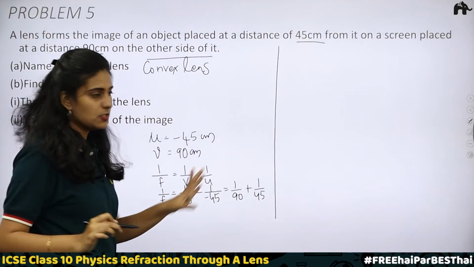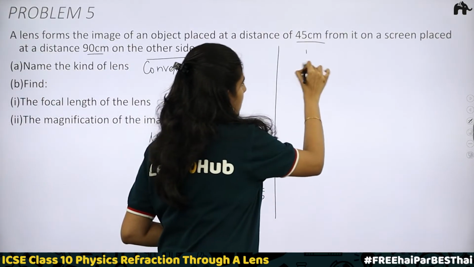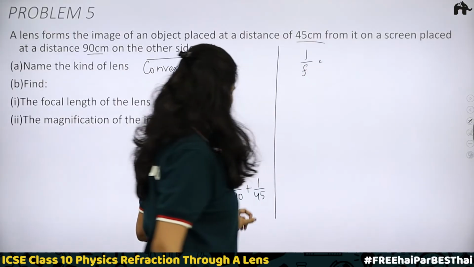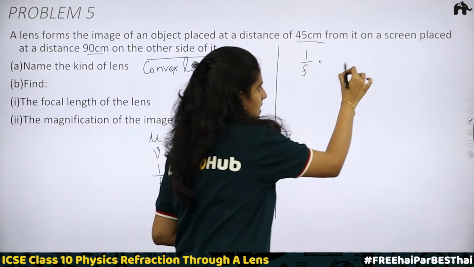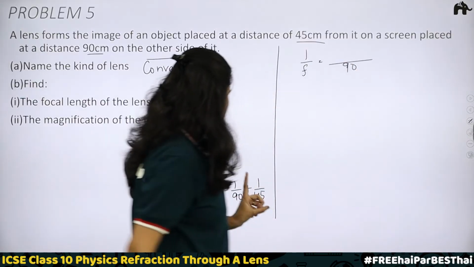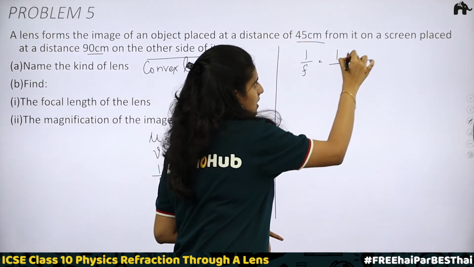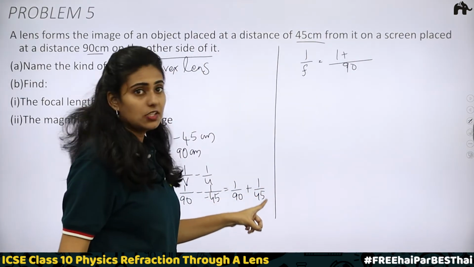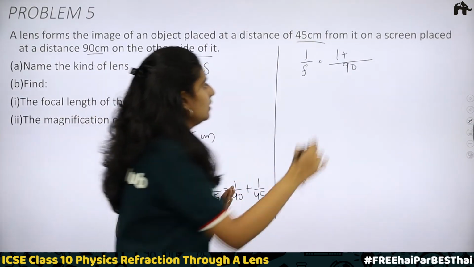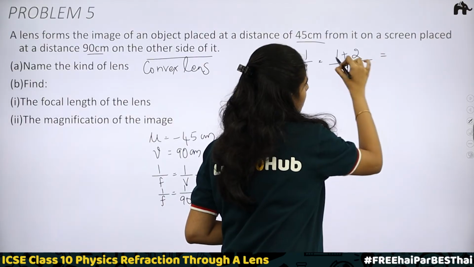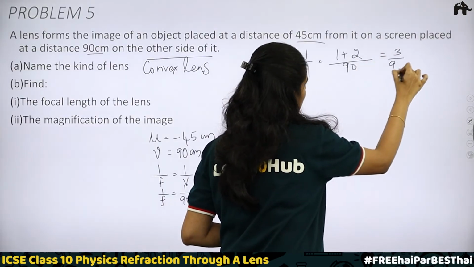Negative of negative becomes positive. Okay. 1 by F is equal to, taking LCM, we get 90 in the denominator, numerator: 90 into 1 is 90, 1 into 1, 1, plus 45 into 2 is 90, 2 into 1, 2. 1 plus 2, 3 divided by 90.